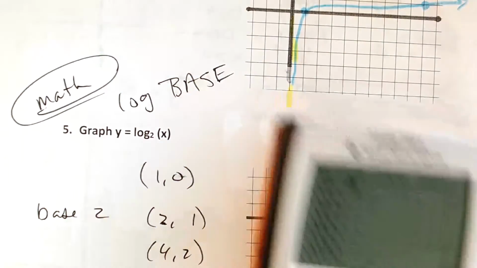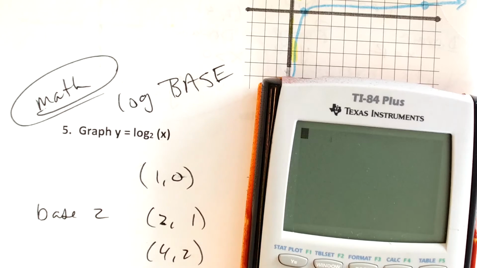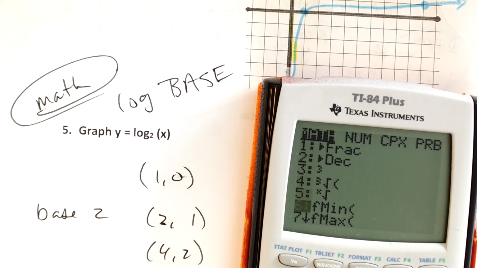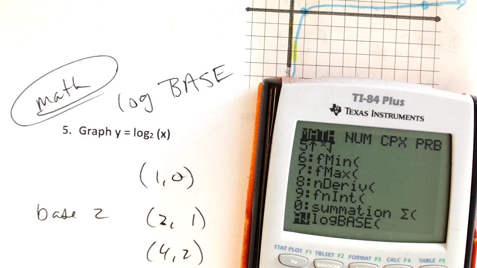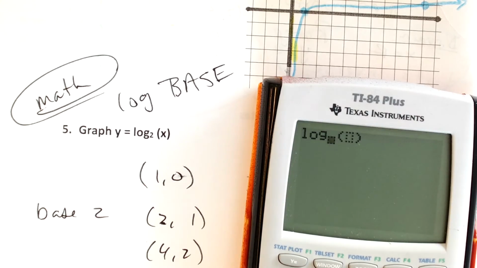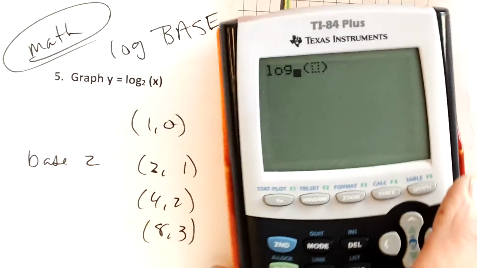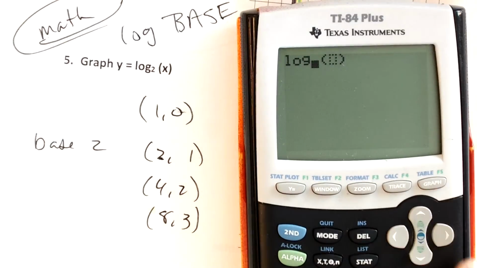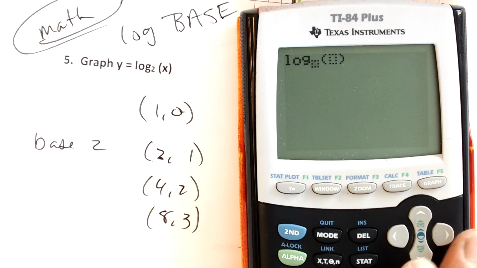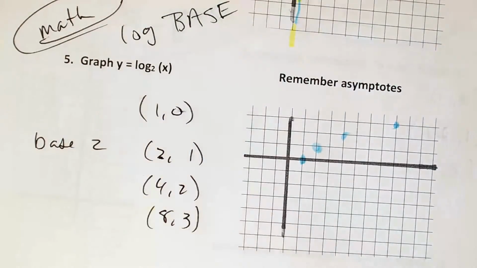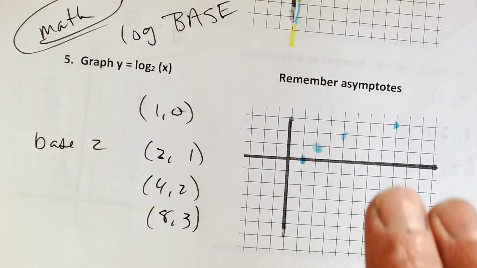I thought it would graph these. Okay, hold on for a second. While I'm in the middle of doing this, math, log base. Oh, see, it'll do it there. Huh, well, bummer, it won't graph it. Mine's doing that. Did you get yours to work? Yeah. Can I see your calculator, please? Let me see what you got, because mine won't do it. I don't know why mine won't do it.